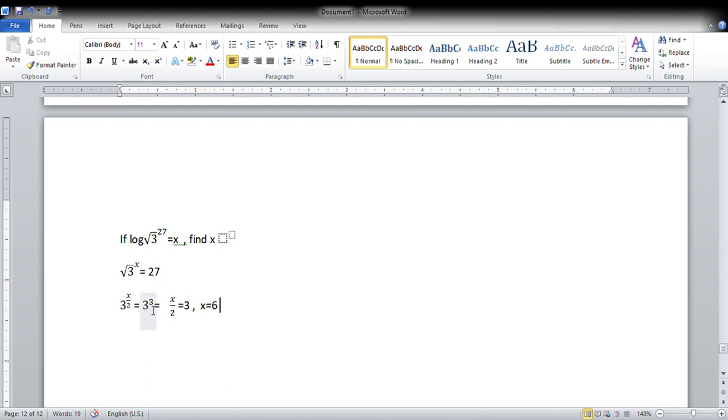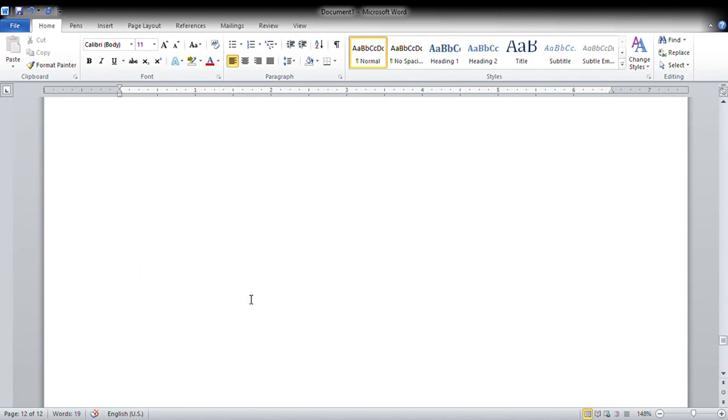And 27 is equal to 3 to the power 3. Why do we take 3 to the power 3? Because your base is the same. Here base is 3, here also base is 3. That means your focus should be to make both bases the same, right? So x is equal to 6 is the answer.